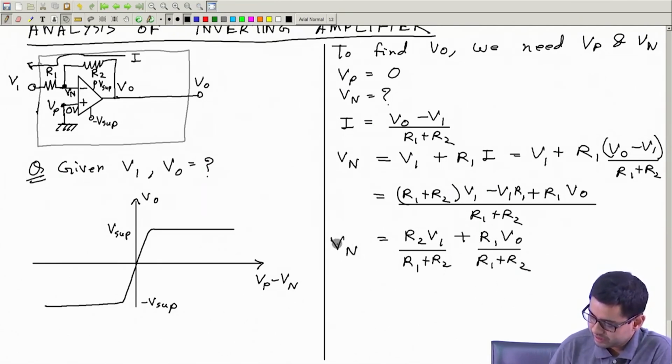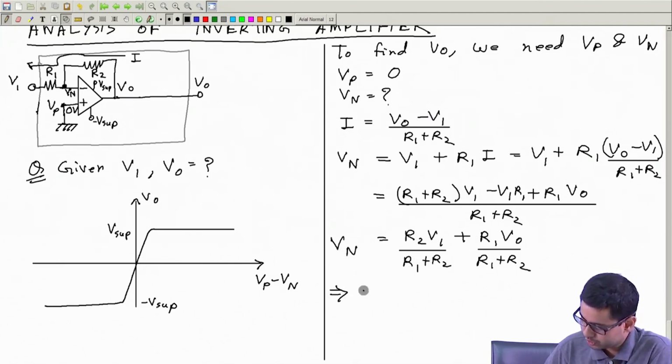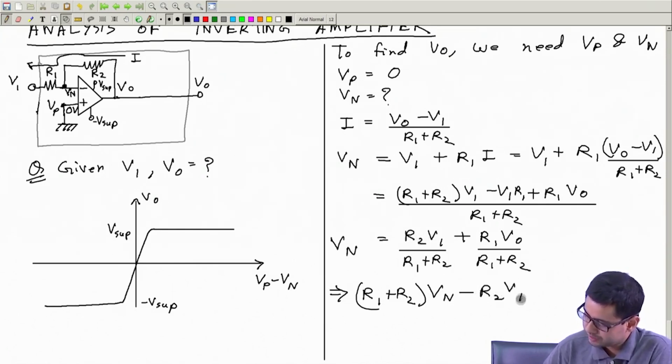So this is one relationship we have between Vn and Vo, because V1 is known. You can also write this by multiplying everything by R1 plus R2. So let's write it this way: (R1 plus R2) multiplied by Vn, minus R2 V1, will be equal to R1 Vo.